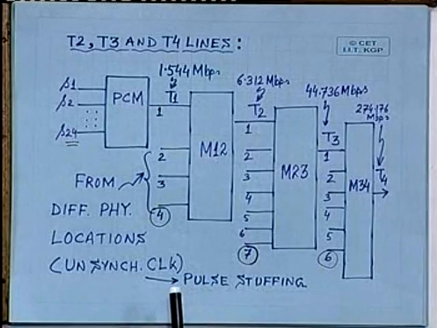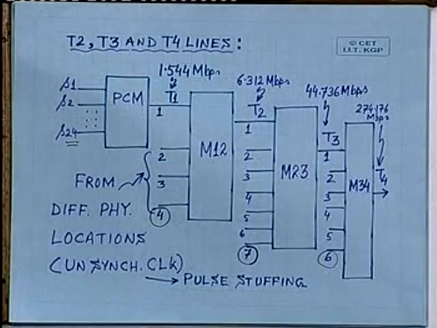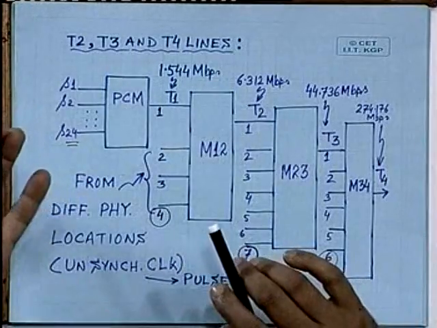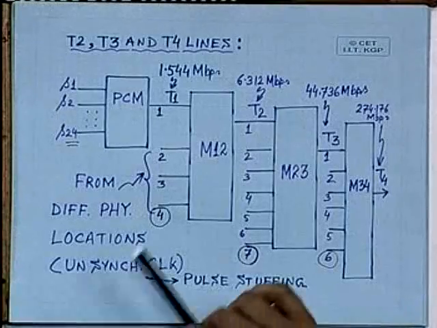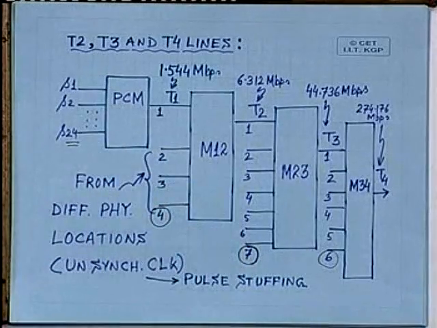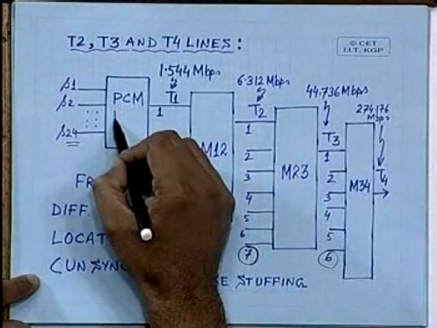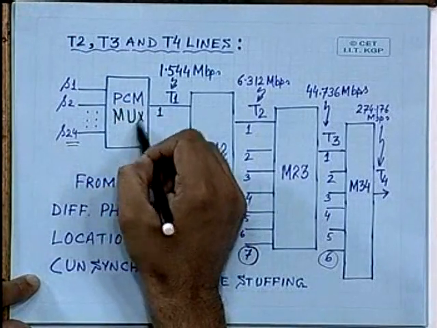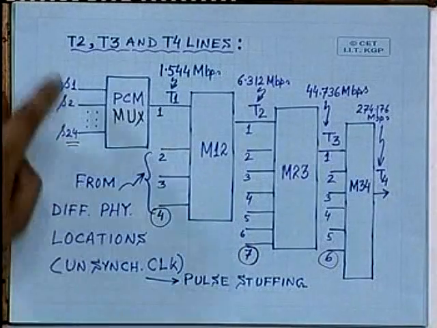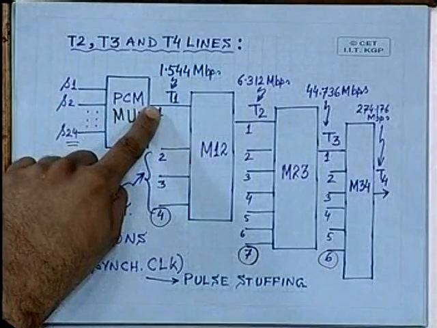After T1, where the output is at 1.544 megabits per second, which contains basically 24 voice users' information with a little bit of overhead, in the next level of multiplexing, this is that PCM multiplexer, with 24 voice users, the output is at 1.544 megabits per second.